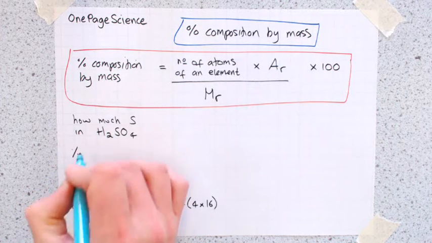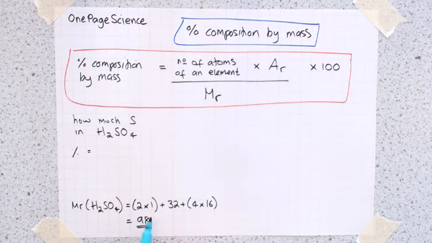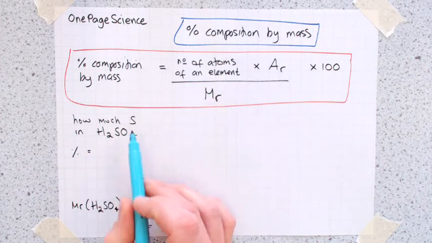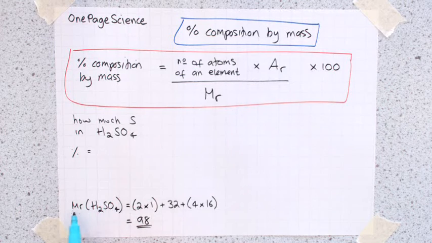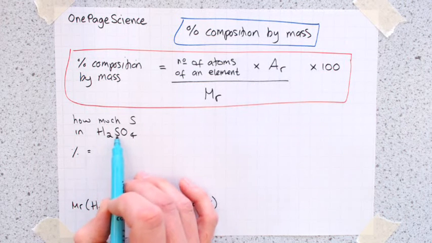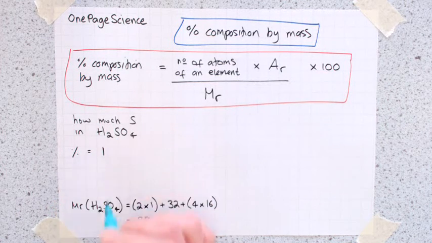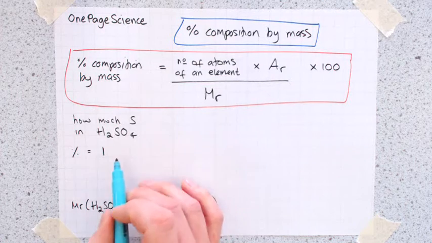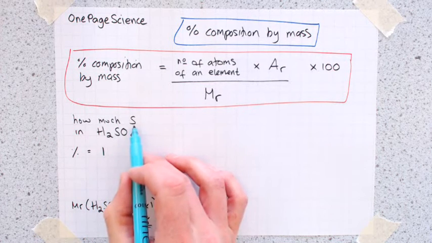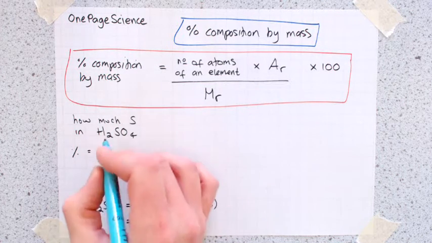So then let's go to our equation. Percentage equals the number of atoms of an element, so the amount of sulfur that we've got in this compound. There's only 1. Multiply that by the relative atomic mass of that element, sulfur, which we worked out earlier, is 32.